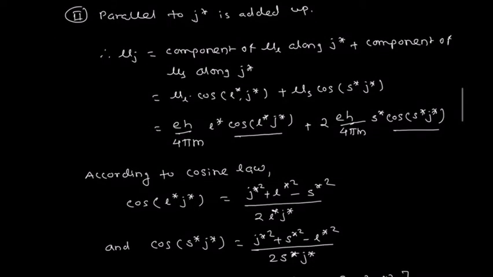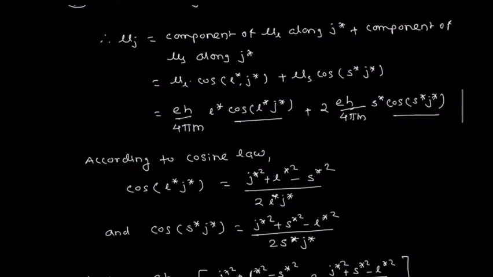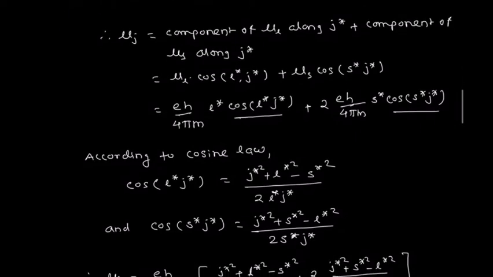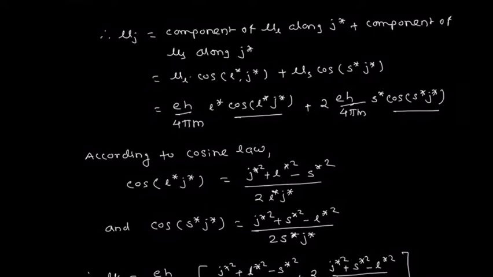And cos S star J star is equal to J star square plus S star square minus L star square divided by twice S star J star. Now put these two terms in the above equation. We get mu J is equal to eh divided by 4 pi m.